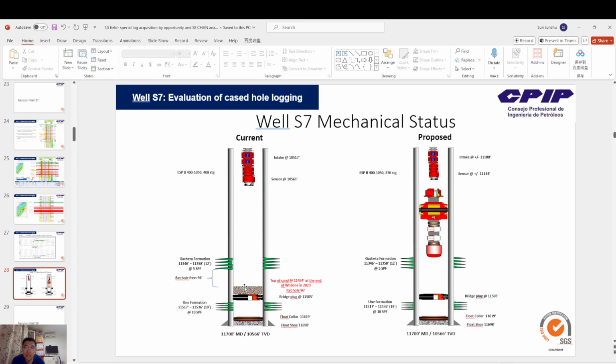Here is the sand, top of the sand, 11,454 feet at the end of the work service in 2023. So the rat hole is around 96 feet. This is the proposed.